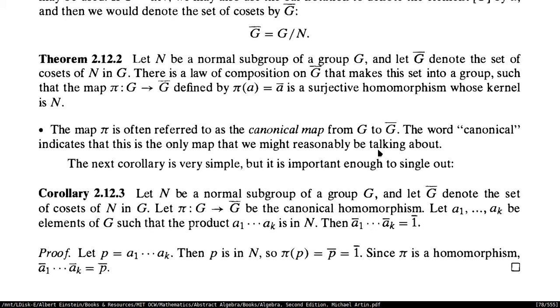When you multiply these two, you're going to get the coset ABN, and the elements there are going to be AB. So the coset is generated by AB, the product of the two elements. And that was about how the quotient group is well defined, and the canonical map and its properties.